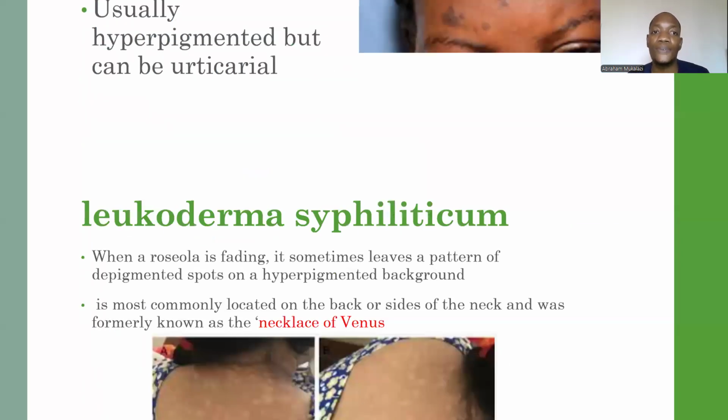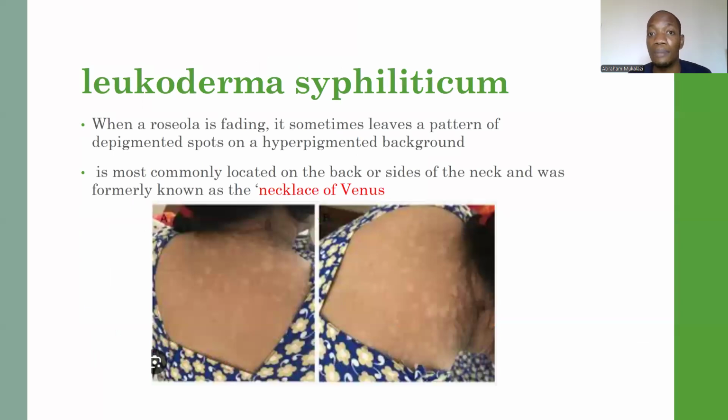So then after that, you can have what we call the leukoderma syphiliticum. So in this case, it has been reported in areas where maybe someone had other syphilitic lesions, but then later on, as they heal, they leave post-inflammatory hypopigmentation. So that's what we call the leukoderma syphiliticum.